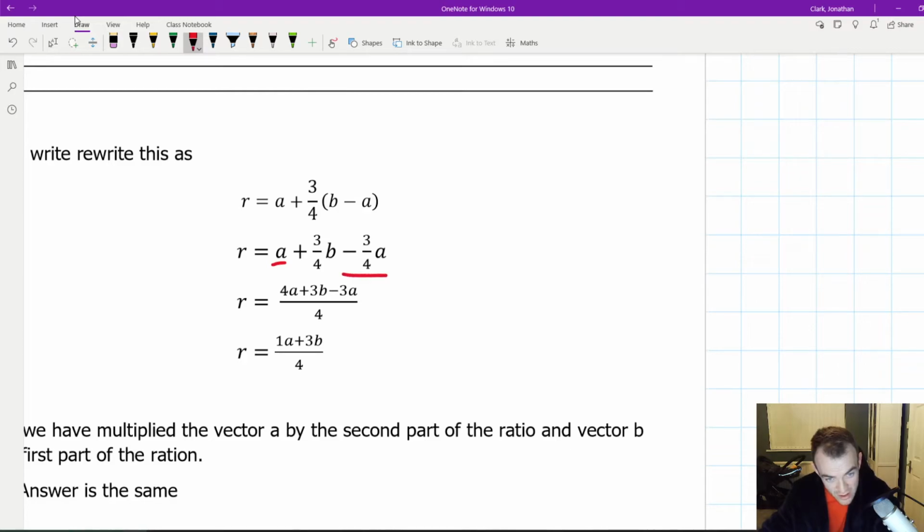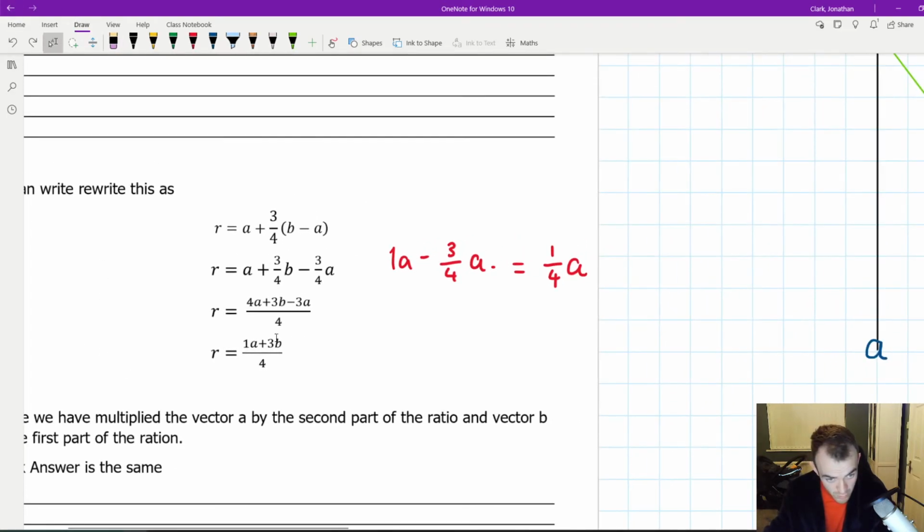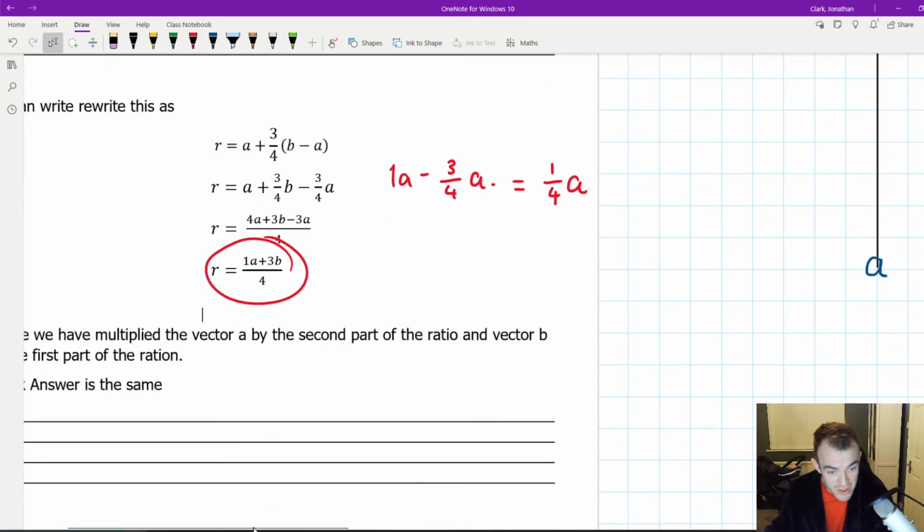We've got A, take away 3/4 A. So this is technically 1A, take away 3/4, right? On the next line, you might already feel confident that this is going to work out as 1/4: 1 take away 3/4, you'd have a single quarter left. Just on this line, we've just changed the 1 into 4/4. We've made it a part of a single fraction there. But anyway, we can use this formula to check that our answer is going to work out the same.